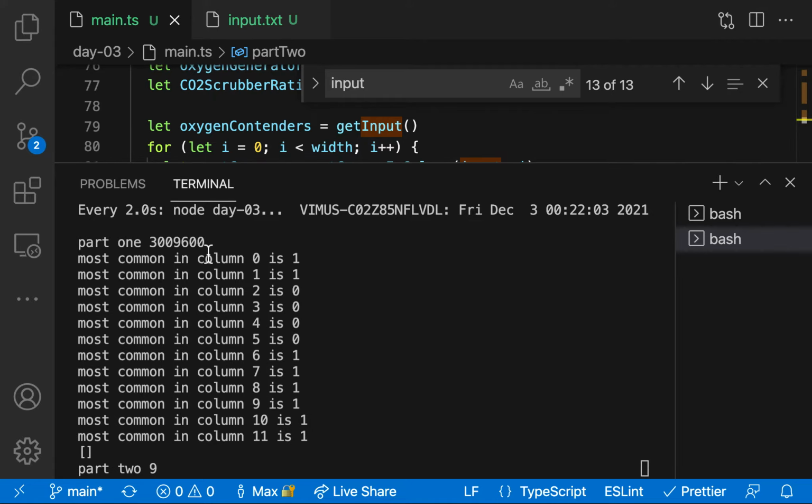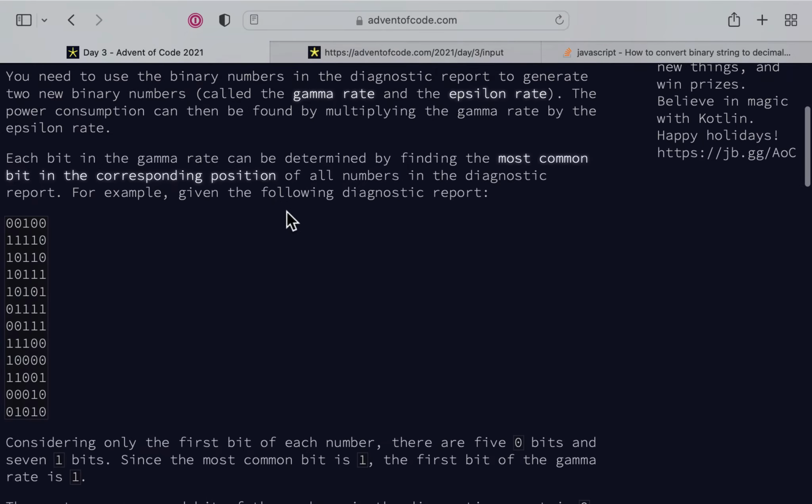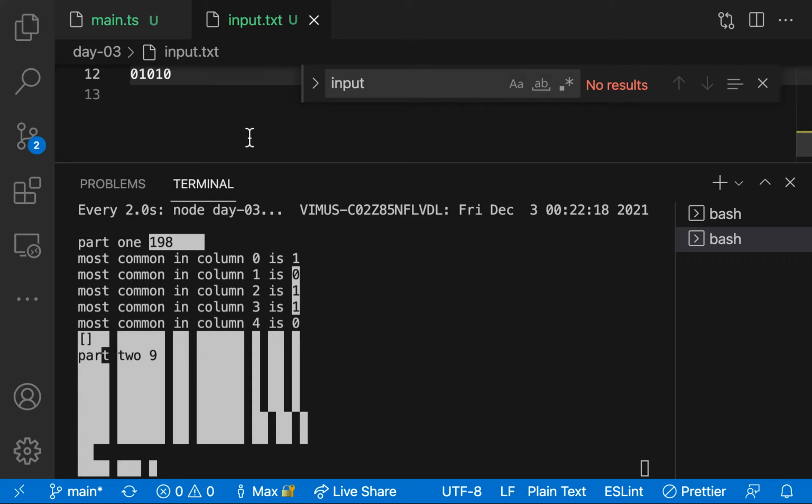Interesting. So, okay. Let's go back to the small test input for this and see what we get.